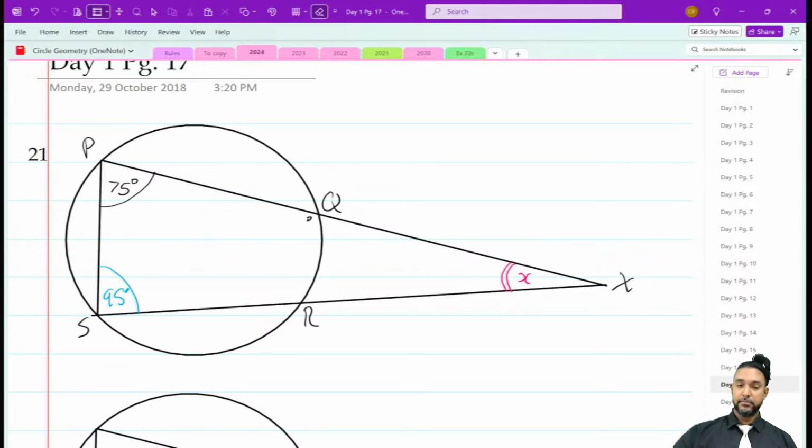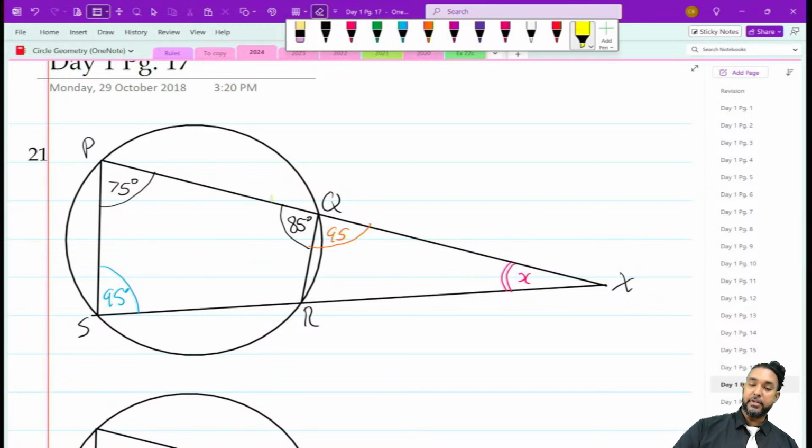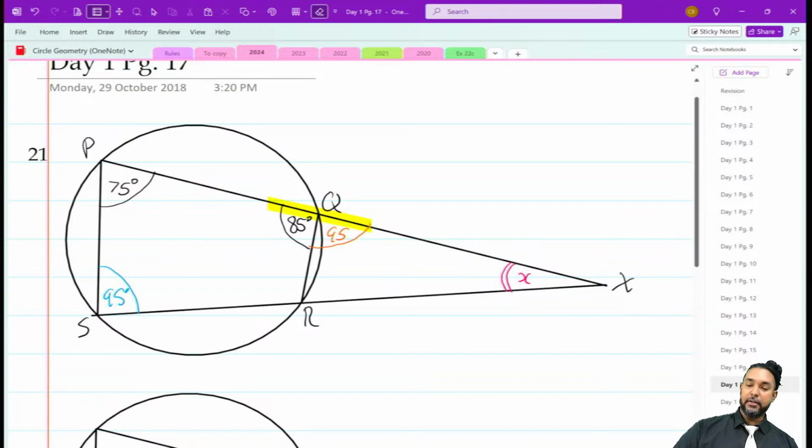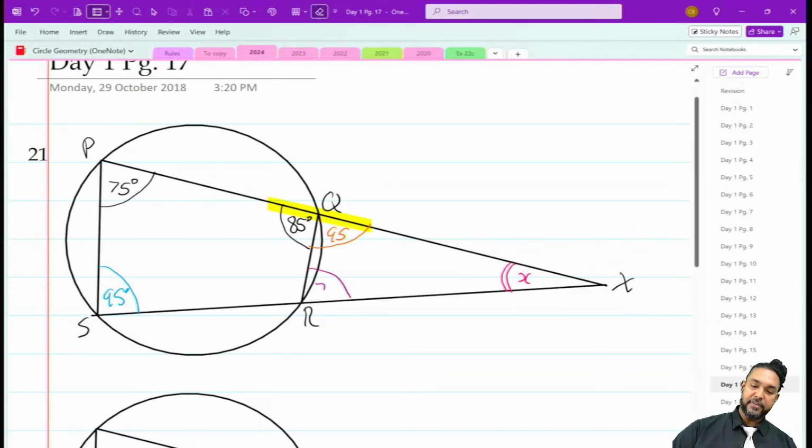You could also find that the angle on this side is 95, because, as you heard, it's a straight line, and the angle on a straight line is 180 degrees. And then you could use the other rule of the cyclic quadrilateral to get that this is also 75 degrees. Then you have two out of the three angles in the triangle.